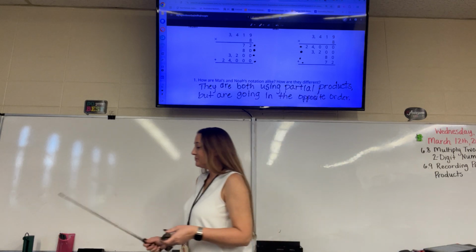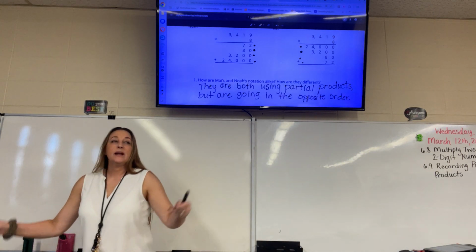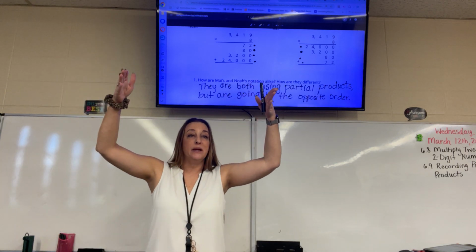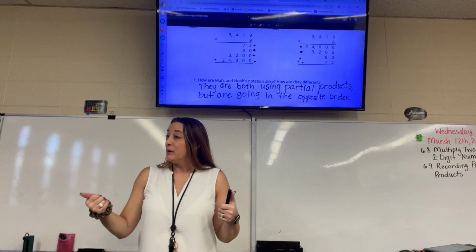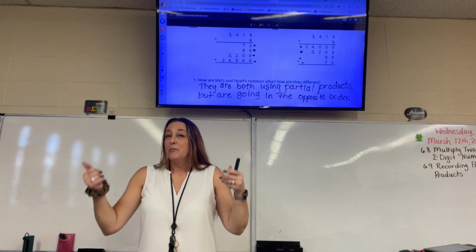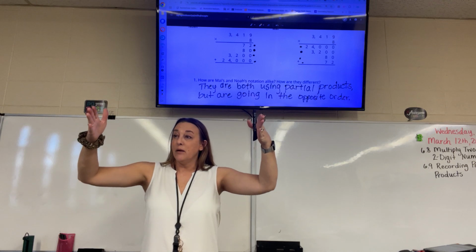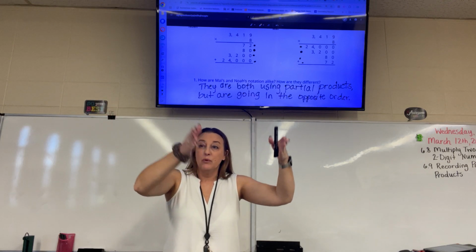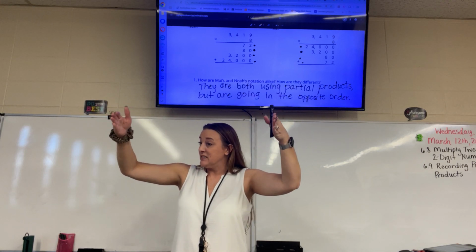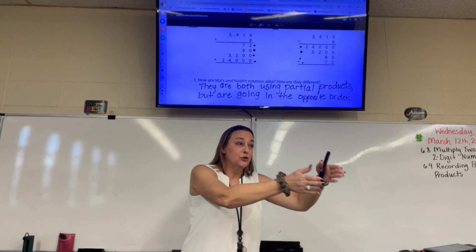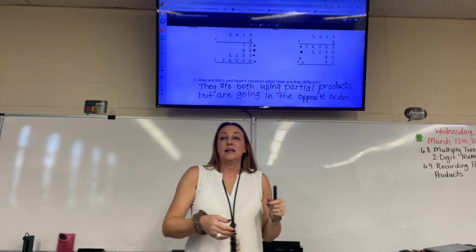Now, when I'm writing numbers down, I like to start with the bigger number on top. We have to when we subtract, right? But I think it's easier to start with a big number and then get small, with the biggest place value, biggest number of digits, and then arrange the smaller ones like that.